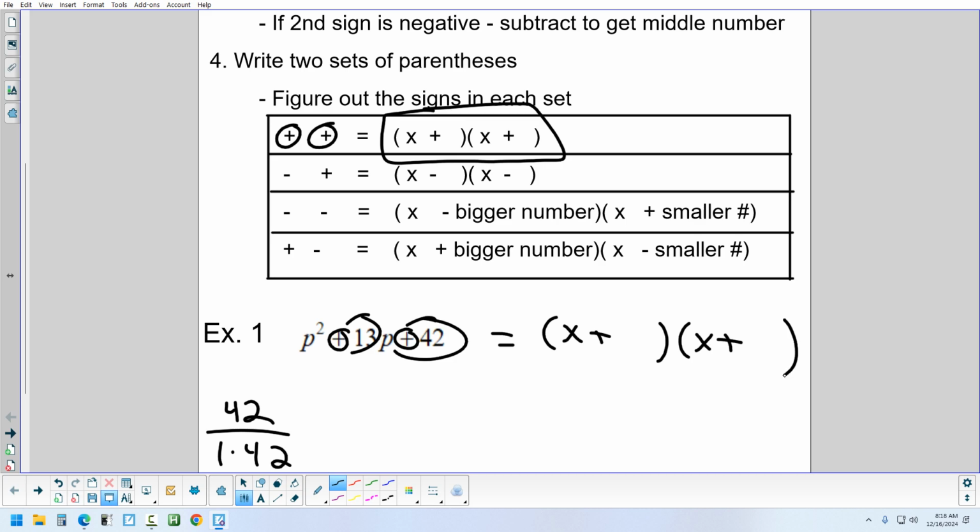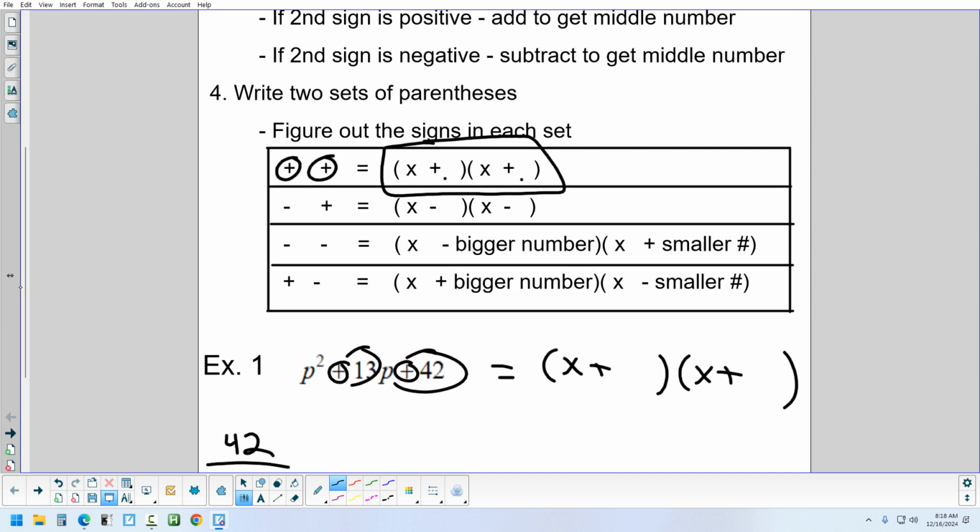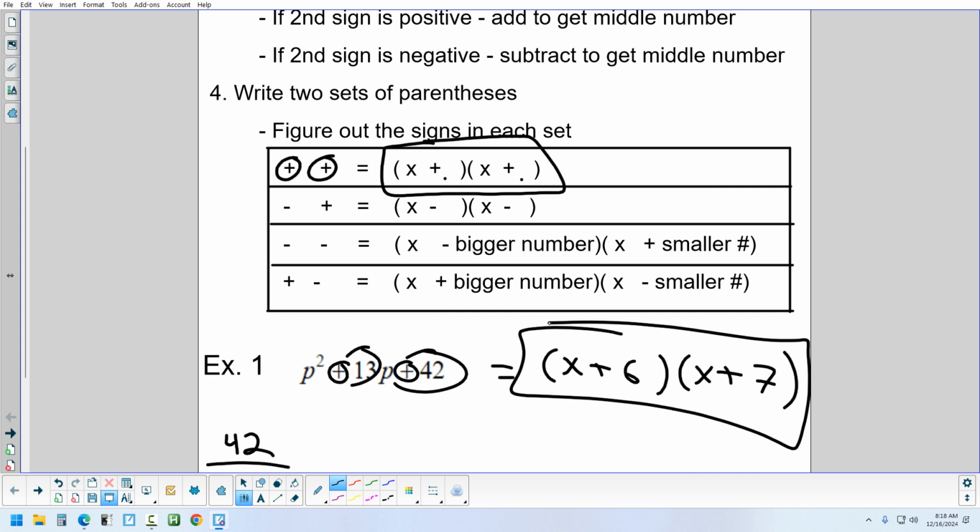And now you just fill in your two numbers. Since it's a plus and a plus, it doesn't matter which one you put where. If it was a plus and a minus, then we have to be a little more careful. You just fill in 6 and 7. There you go. That's how you factor it.